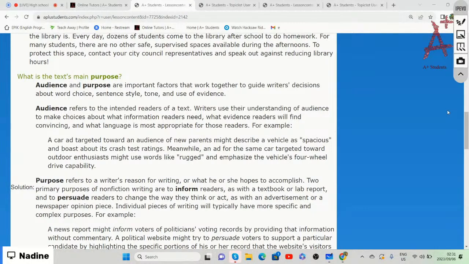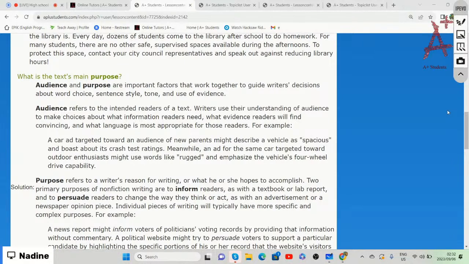Yes, the audience can also be students, but when it comes to being in contact with the city council, then definitely the audience is mainly your parents. Because the audience are the intended readers of either text, right?